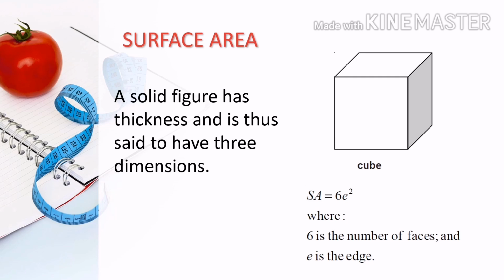Pero, dahil cube siya, we know that a face of a cube is in the shape of a square. And therefore, gagamitin natin yung area ng square. Ang area ng square is s squared, right? So, dito sa formula na to, the surface area of a cube is simply given as 6 e squared, where e is the edge or the side, parehas lang nung s kanina. Okay?